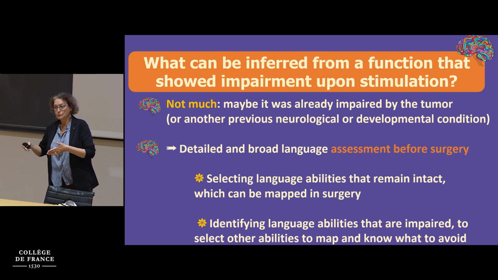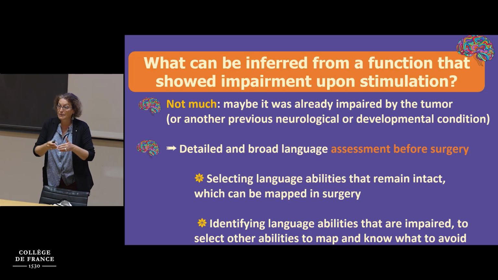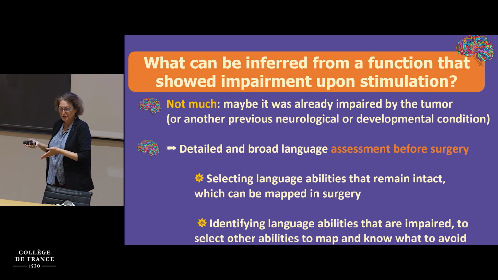Okay? Maybe he has a problem with reading long words. In surgery, I will assess short words. Okay? Maybe he has a problem in reading morphologically complex words. I'll assess morphologically simple words. So the idea is to be very careful, like linguistic theory taught us, and to identify exactly what is already impaired and what can still be protected.